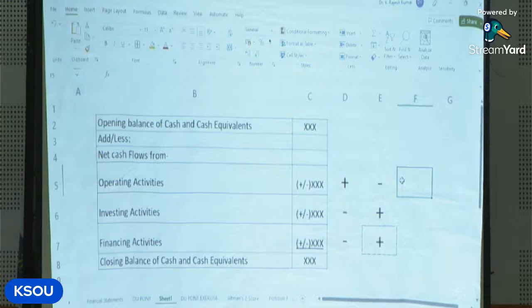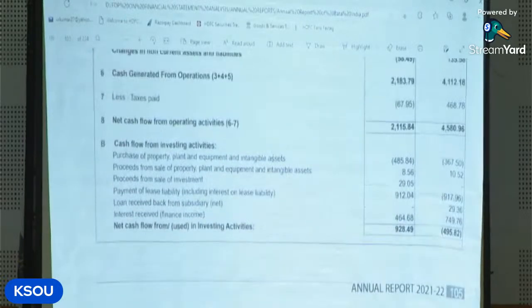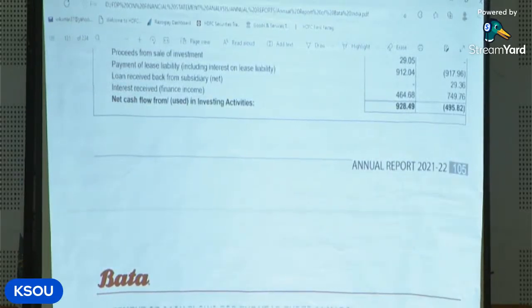Now, you can write stories about companies just by looking at the sign of the net cash flow. Now, Bata India Limited, please see. Net cash flow from operating activities, is it positive or negative? Positive. Investing activities, last year it was negative, current year it is positive.